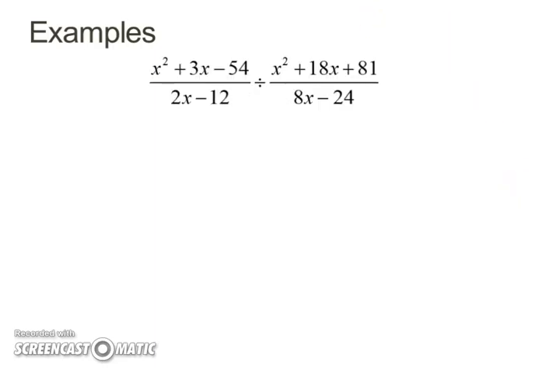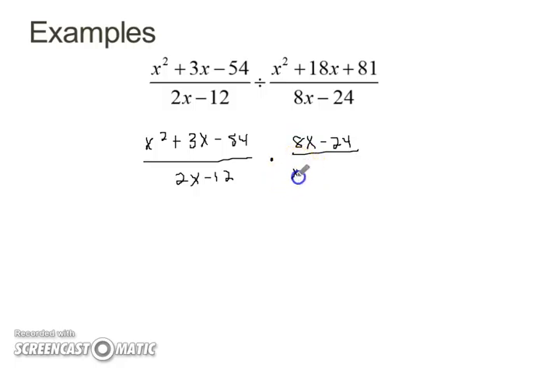One more example. Again, rewrite it so you're multiplying by that reciprocal. So x squared plus 3x minus 54 all over 2x minus 12 times 8x minus 24 over x squared plus 18x plus 81, and now you can factor.